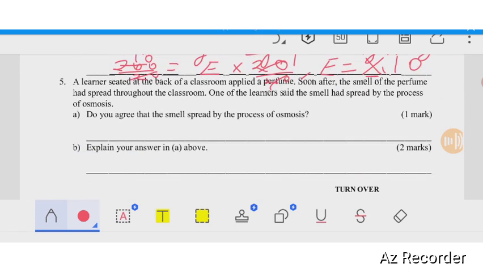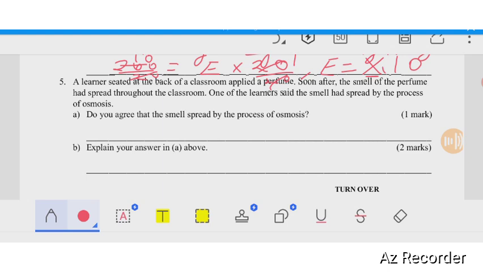The next question, which is question 5. A learner seated at the back of the classroom applied a perfume. Soon after, the smell of the perfume had spread throughout the class. One of the learners said the smell had spread by the process of osmosis. Do you agree that the smell spread by osmosis?